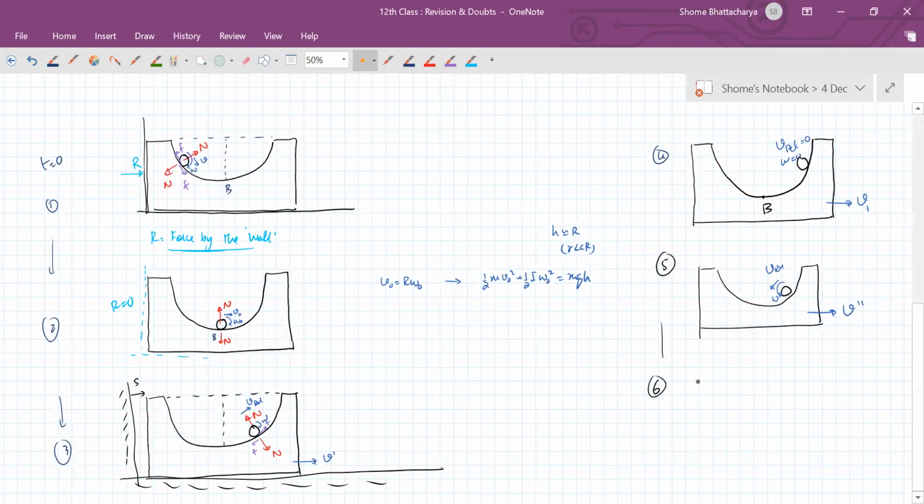Next comes the situation at this lowest position.